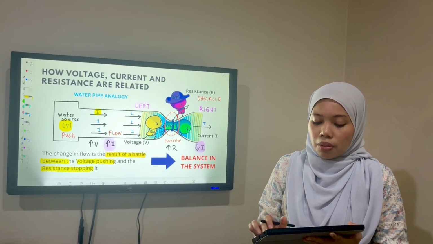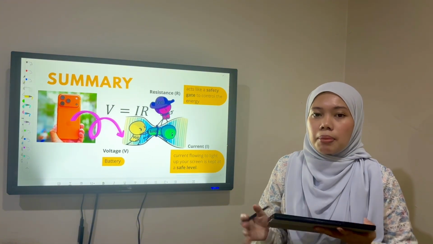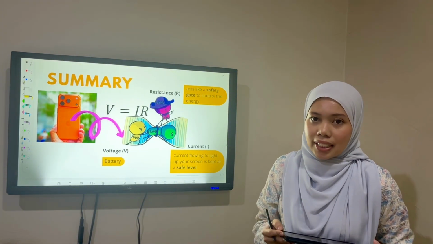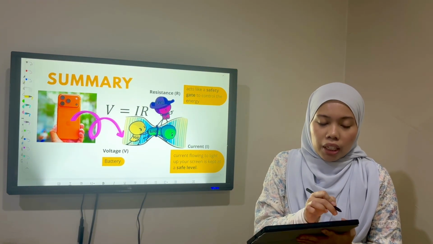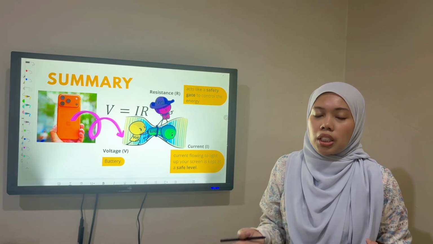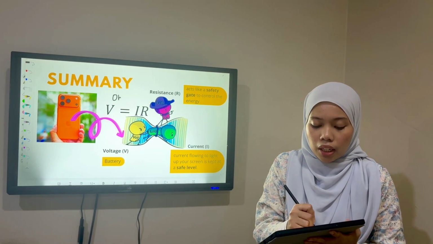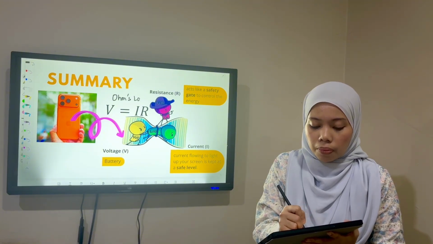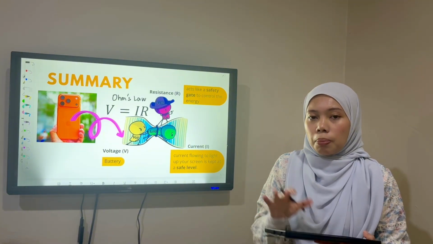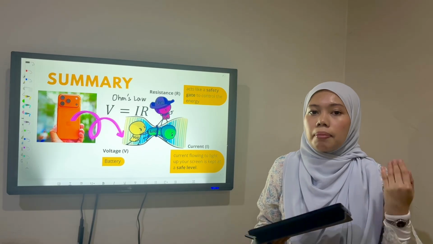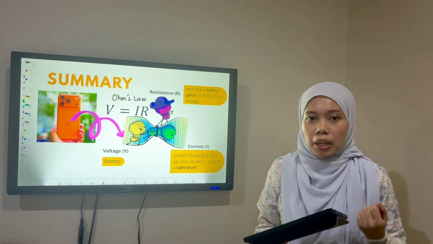Okay, so from here, let us summarize what we have learned in today's lesson. We have learned there are three variables: voltage, current, and resistance, and they obey Ohm's law. When they obey Ohm's law, they find balance in your smartphone.